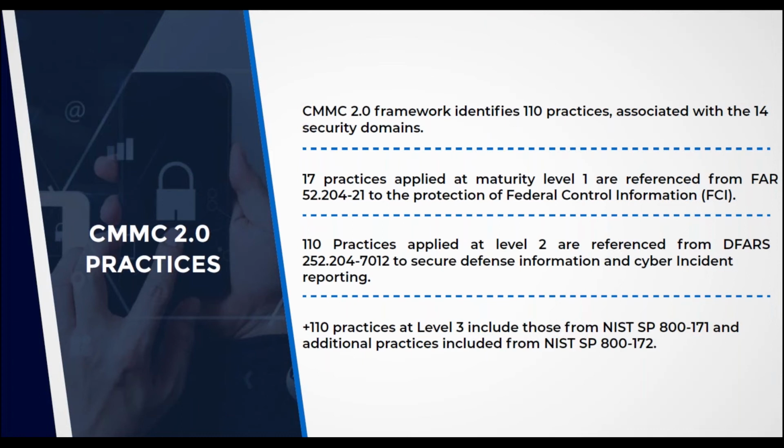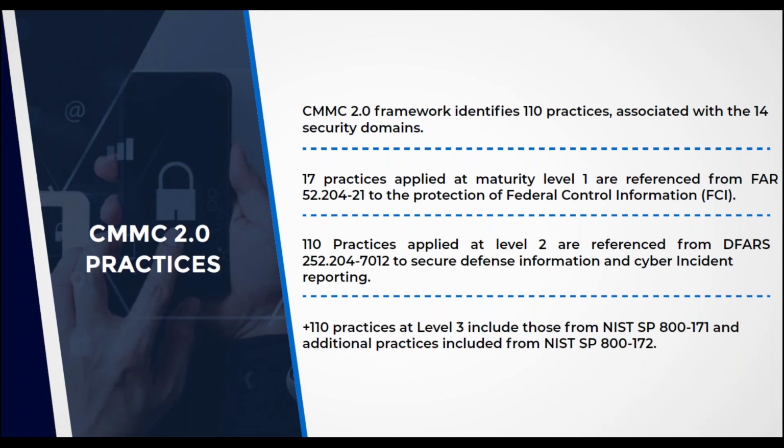So there are 110-plus requirements at level 3. At level 1, there are just 17 practices. At level 2, there are 110 practices from the NIST SP 800 171 series, referenced from the DFARS, the Defense Federal Acquisition Regulation System.